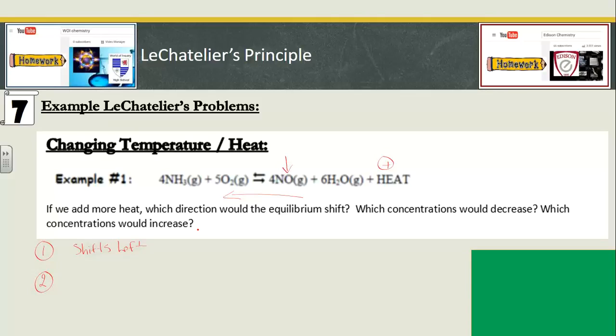Well, everything on the right side, away from what we added, would be decreasing. So NO, H2O, and heat decrease. And finally, which concentrations increase? Well, whatever you're shifting towards increases. So NH3 and O2 would increase in their concentrations. Okay.